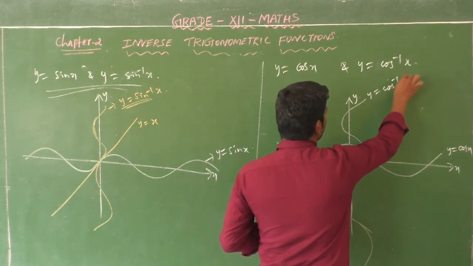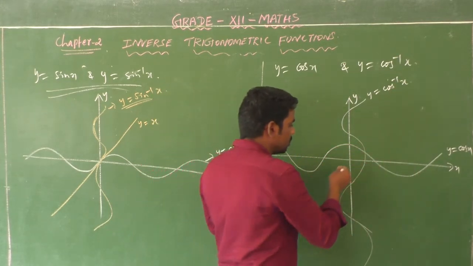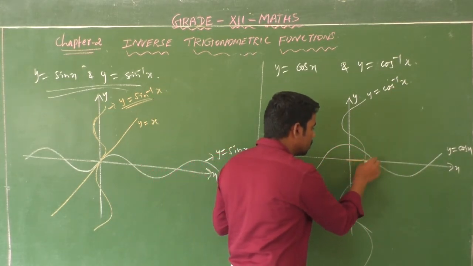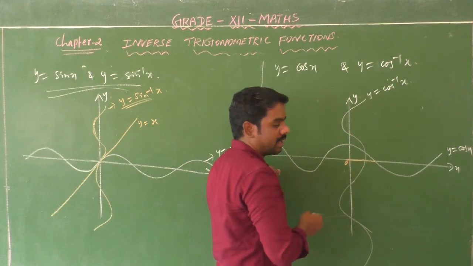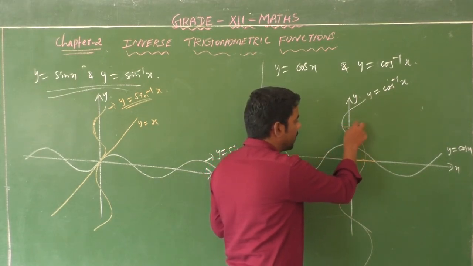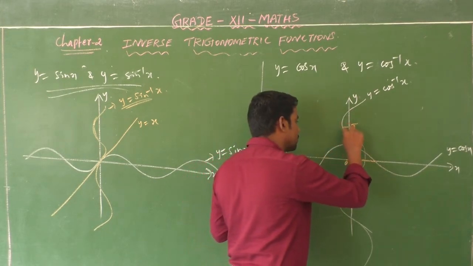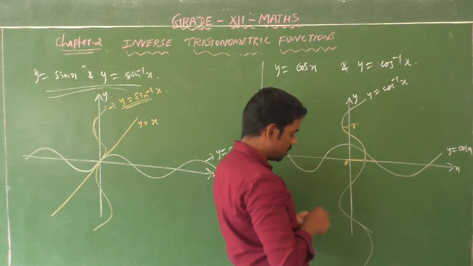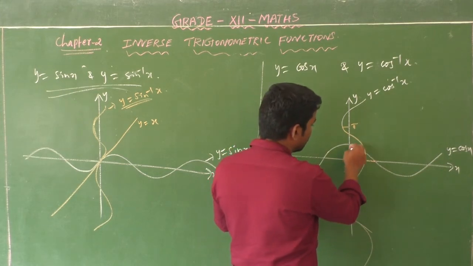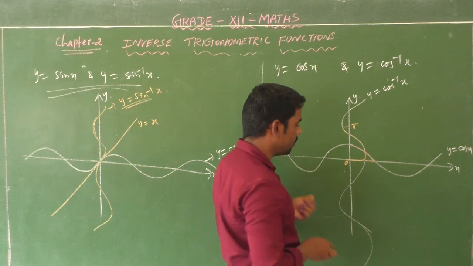So y equal to cos inverse x exists between 0 to pi only. This is pi. So this curve is y equal to cos inverse x, and this is the y equal to cos x curve.